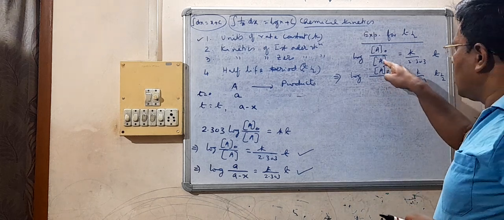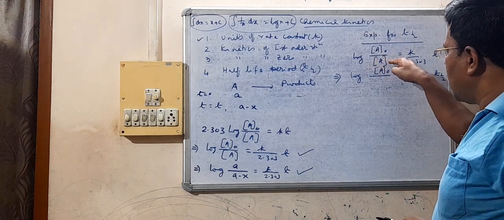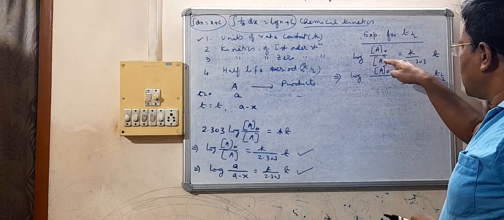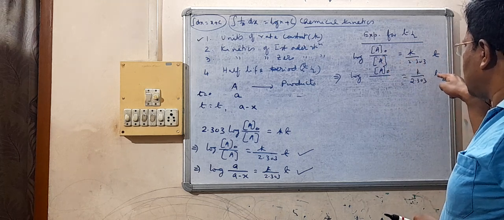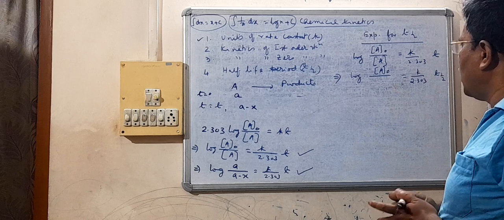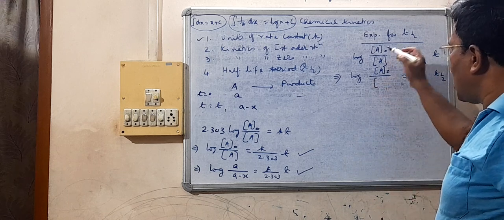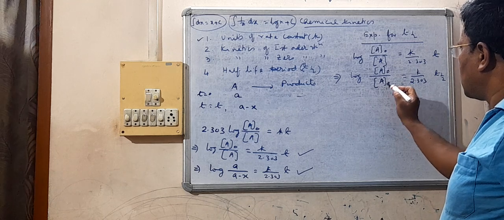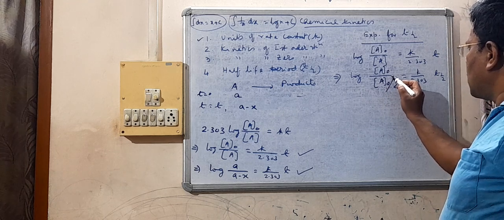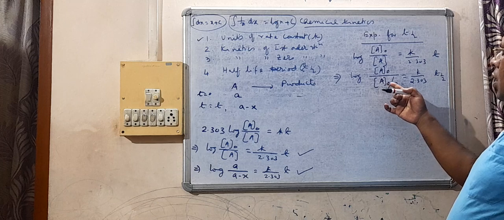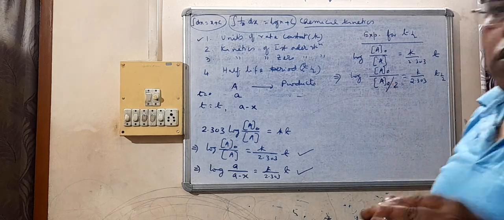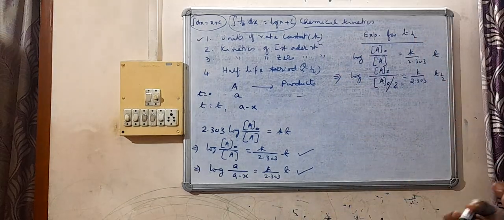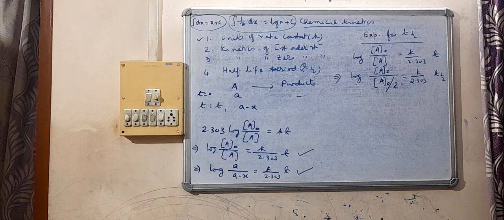So the concentration of A at time t half will be half of this. That is A naught by 2 has reacted and A naught by 2 is left behind.